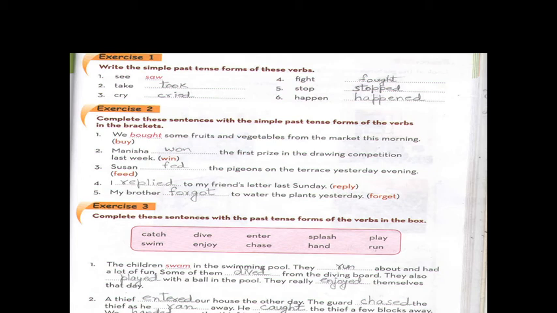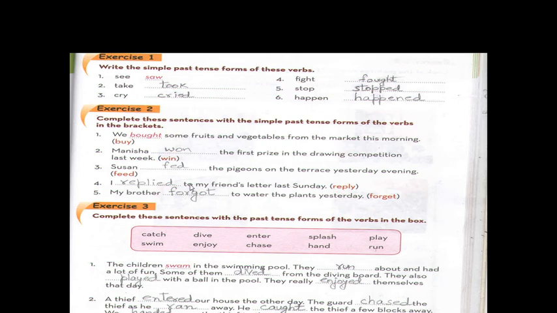Manisha dash the first prize in the drawing competition last week. This is win, change into won. Manisha won the first prize in the drawing competition last week. Number 3, Susan fed the pigeons on the terrace yesterday evening.